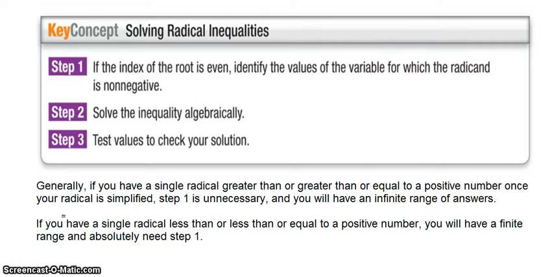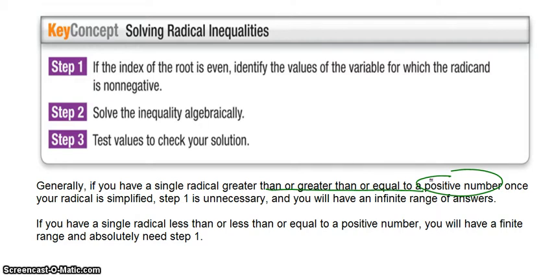So, if you have a single radical and it's greater than or equal to a positive number, once you've already simplified, so your radical is alone, you don't really have to worry about checking cases to make sure that your radicand is greater than a number, because you're already going to be greater than 0.